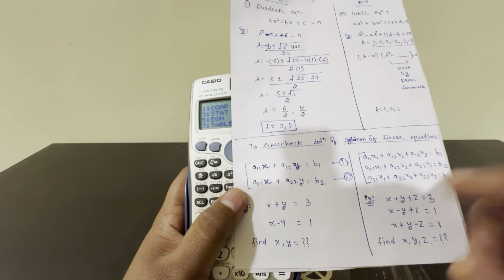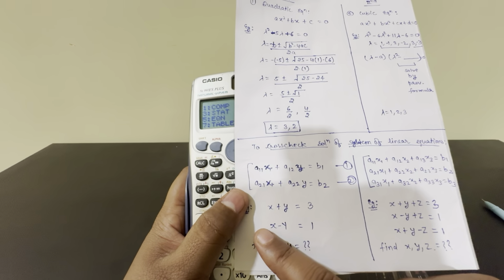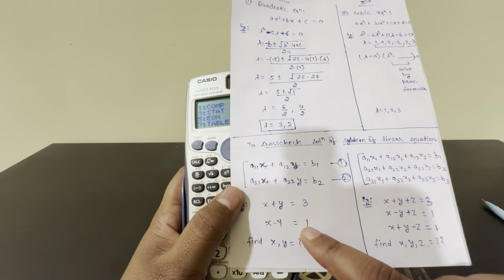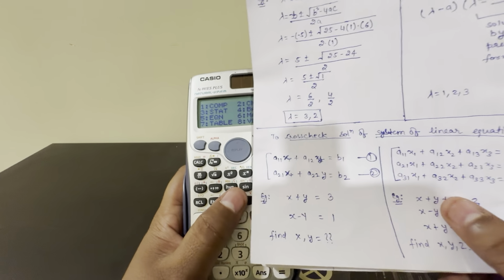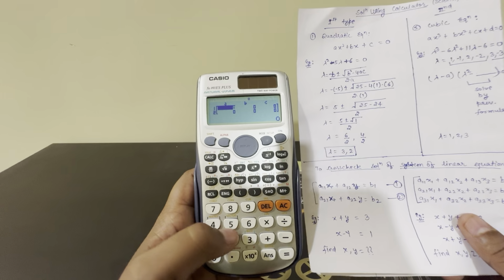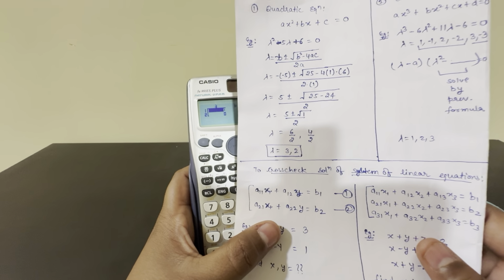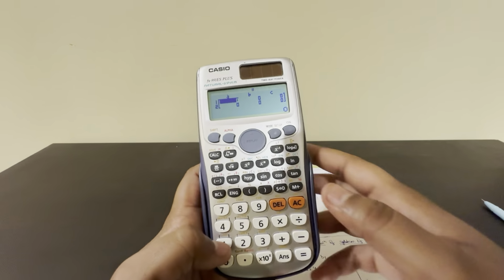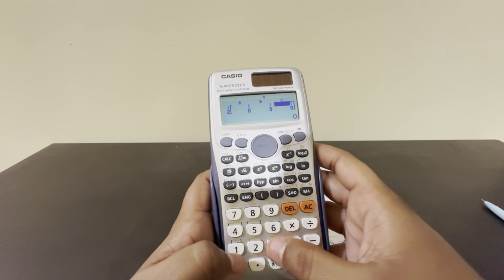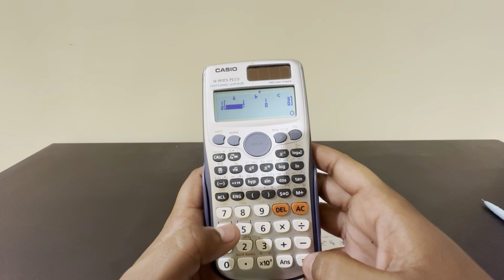In the next equation, the x coefficient is 1, the y coefficient is minus 1, and the c value is 1. For the first one, a is 1, b is 1, and c is 3, so you put 1 equals 1 equals 3.